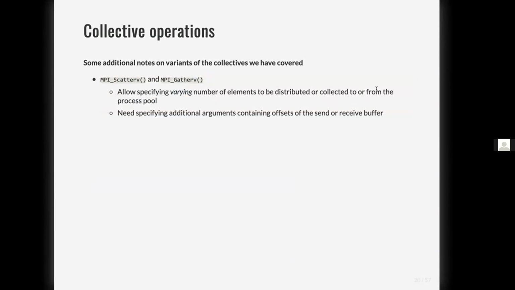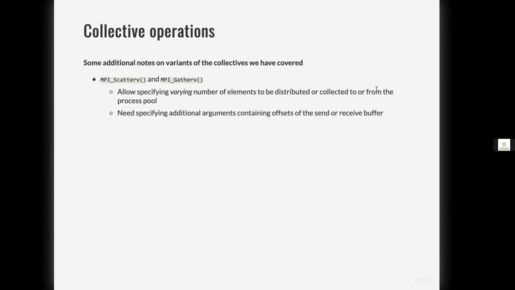So what we've seen so far is you distribute the same number of elements from the array or gather the same number of elements. These V versions of scatter and gather allow specifying a varying number of elements. And of course, they have additional sets of arguments that you need to specify to do this.